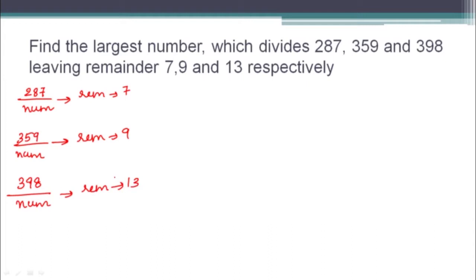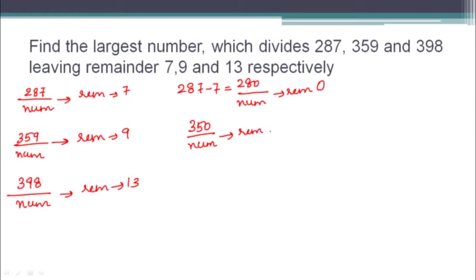When I divide 287 by that number, I am getting a remainder 7. Or I can say, if I had divided 287 minus 7, that is 280, by that number, my remainder would have been 0. Similarly, if I had divided 359 minus 9, that is 350, by that number, then my remainder would have been 0. Similarly, if I had divided 398 minus 13, that is 385, by that number, my remainder would have been 0.